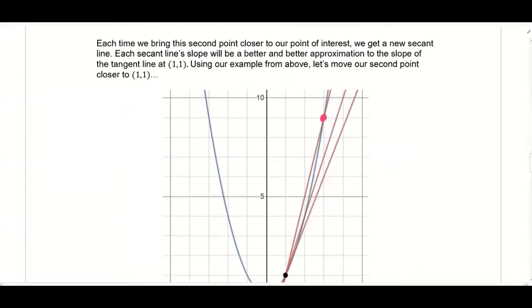And let's slowly bring that closer and closer to the point of interest along our curve. And as we keep moving it closer, we're still going to get new secant lines each time. But each secant line's slope is going to be a better and better approximation to the slope of the tangent line. So here, if I bring this point all the way down to here, notice that here's my secant line.